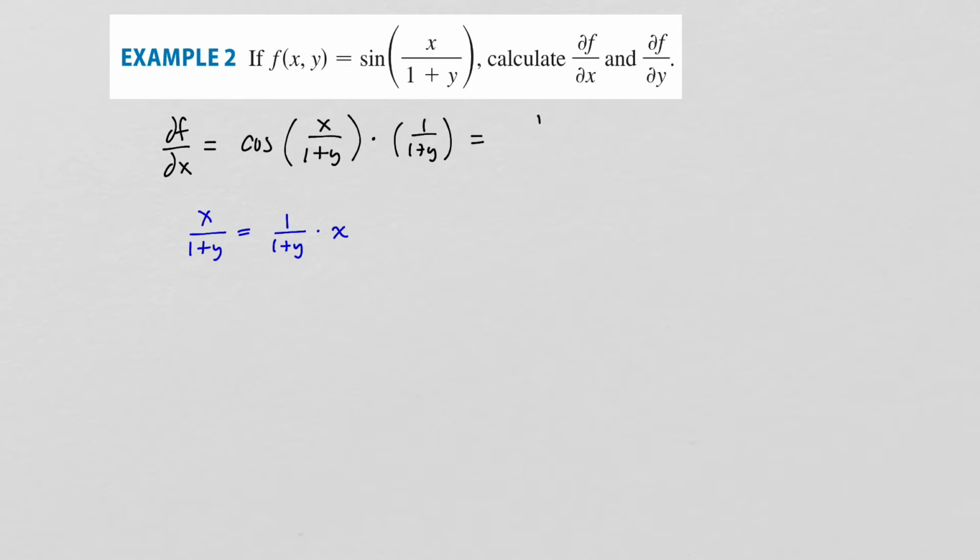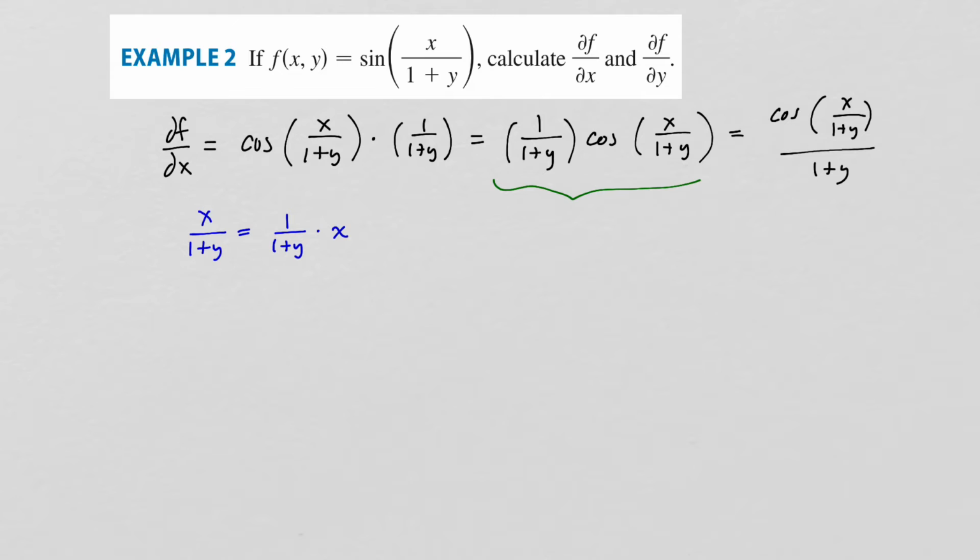It's better if we put the 1 over 1 plus y in the front, and then cosine of x over 1 plus y. Now, of course, alternatively, you could write the cosine of x over 1 plus y divided by 1 plus y. I do think that this notation is best.